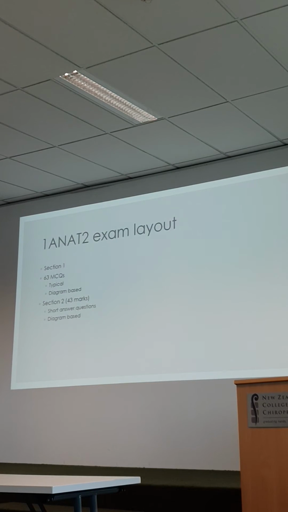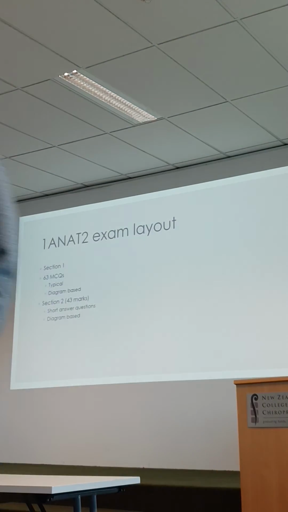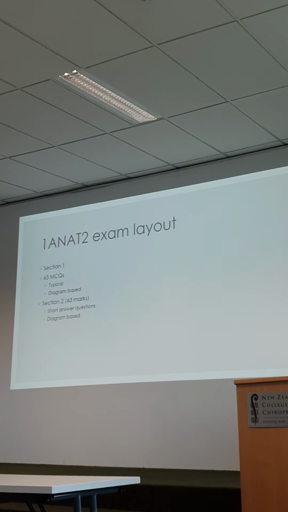And then section 2 is worth 43 marks. There are short answers such as list 4 bursae of the shoulder joint, or name the ligament that completes the acetabulum socket. So just one word or a tiny little list, those sort of short answer questions.